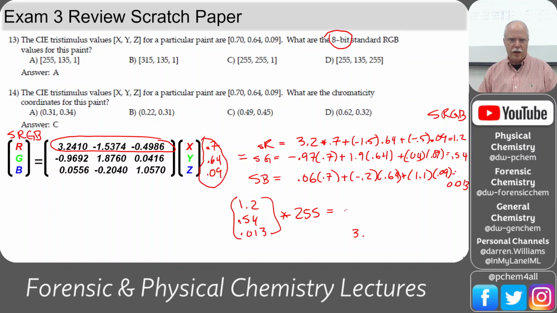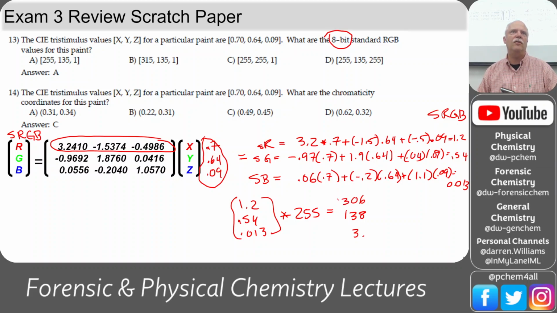So I get 3, and then 0.54 times 255 gives 138, and then 1.2 gives 306, but this is going to be capped at 255.